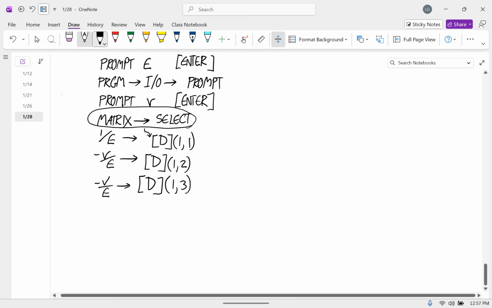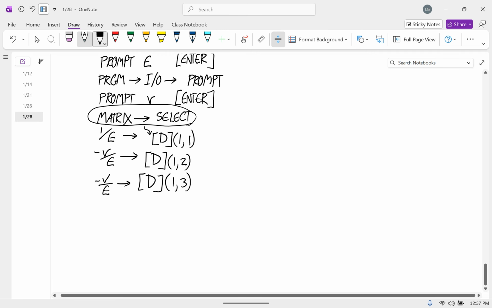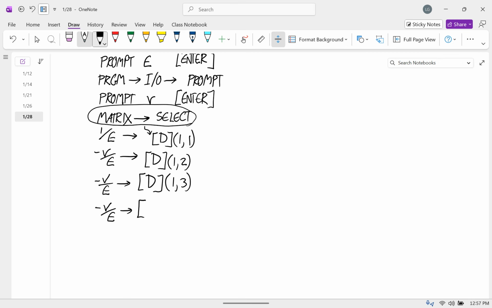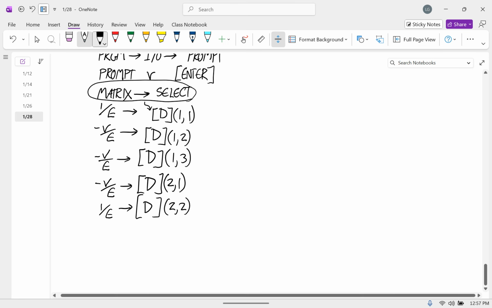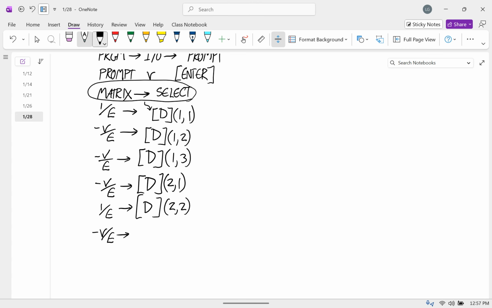Everything else is zeros already, so now we can go to the next line: negative V over E, store that in D 2, 1. 1 over E, store that in D 2, 2. Negative V over E, store that in D 2, 3.